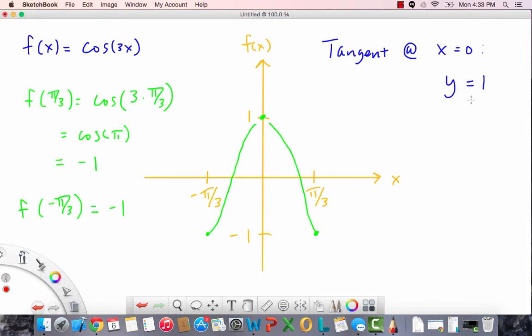And now we have the tangent line. The tangent at x equals 0 is y equals 1. Now, a line of this form is horizontal, and if we graph this, let's put this up here, and that there, and let's graph y equals 1, which should look something like that.